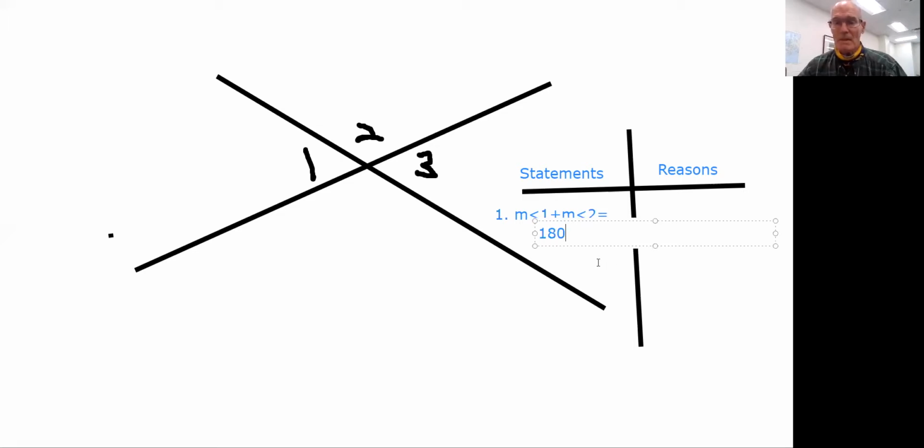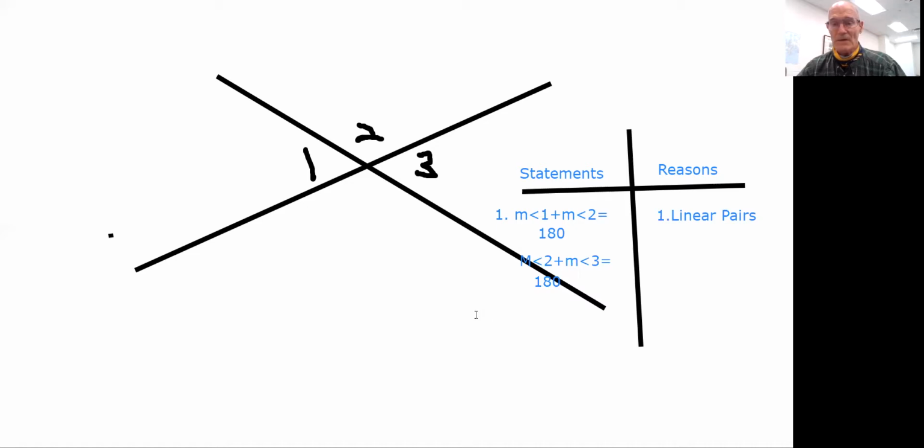And then underneath that, I can say the measure of angle 2 plus the measure of angle 3 equals 180. Okay, and that's given, right? They're linear pairs.